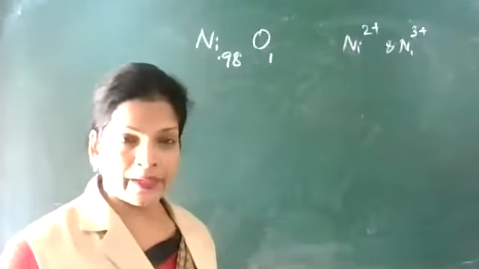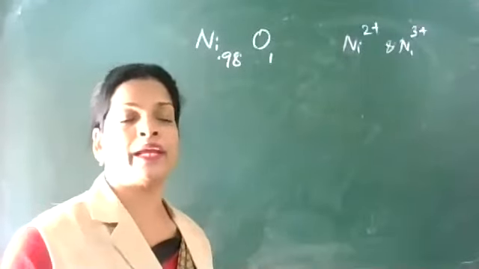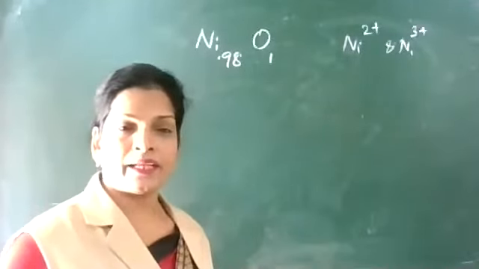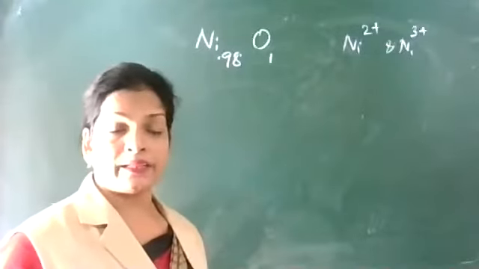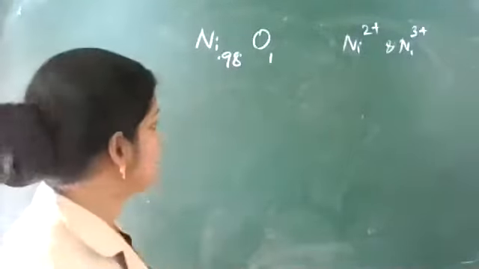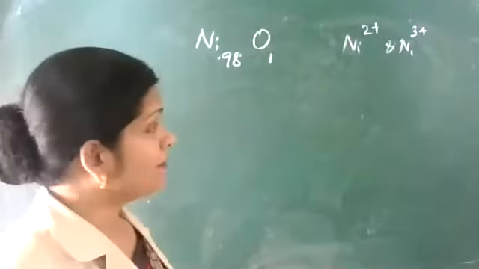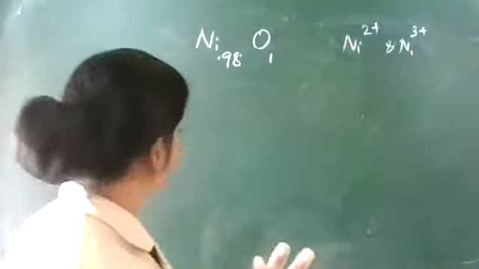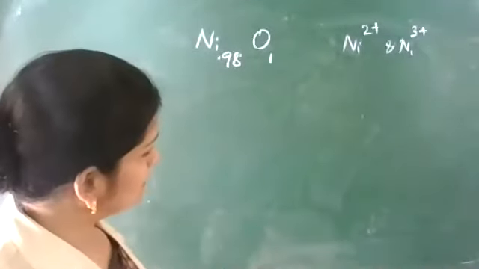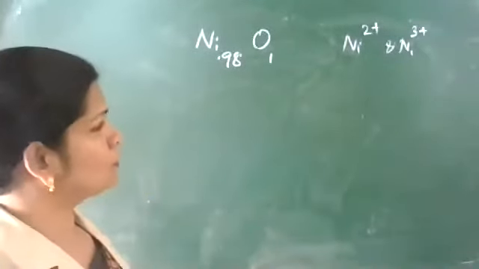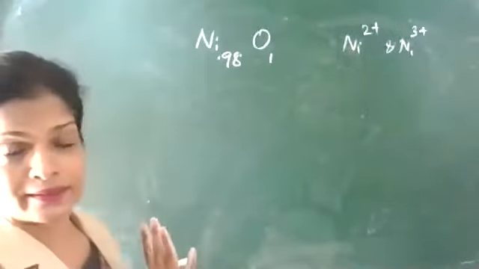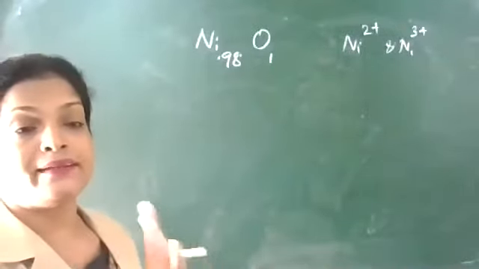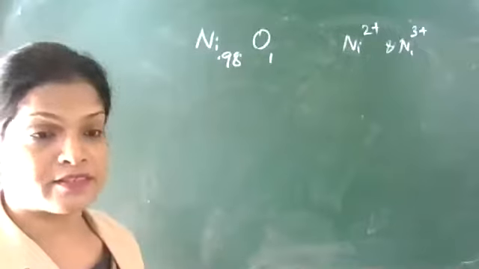Suppose I am taking a big crystal. In that big crystal, so many Ni2+ are there, Ni3+ are also there, then O2- are there. So, anyway, whether it is Ni2+, whether it is the combination of Ni2+ or Ni3+, it is sure that it is metal deficient, metal deficiency defect.